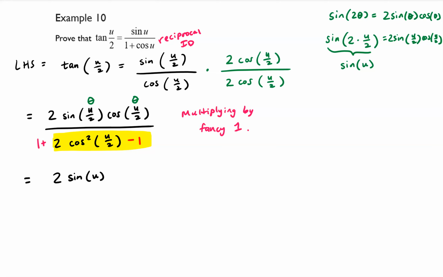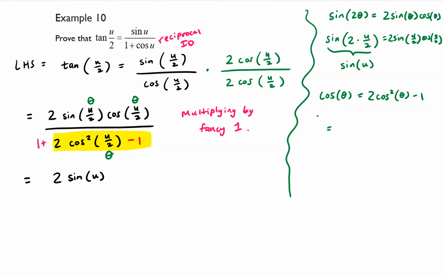And so off to the side here, I know that cosine of 2 theta is equal to 2 cosine squared theta minus 1. And then if I just replace theta with u over 2, then we're going to get, actually, let me rewrite this below.